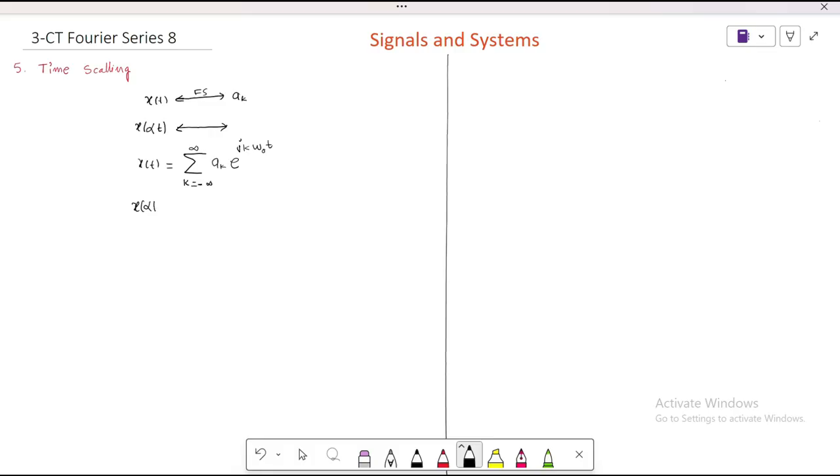So x of alpha t equals the sum over k from minus infinity to plus infinity.